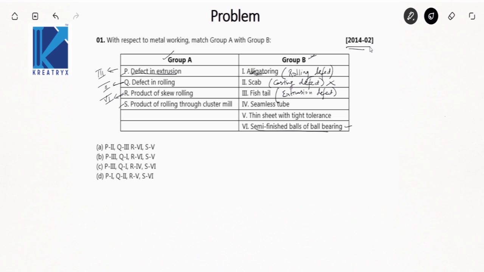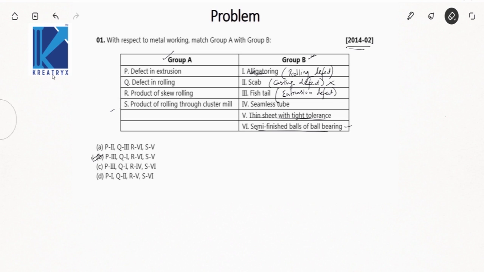Cluster mill is basically a combination of backing rolls and working rolls in a rolling method. In this method the working roll has a very small diameter, so this is used to make thin sheet. So for S this is 5, thin sheet with tight tolerance. Looking at the options, we see that option B is correct.